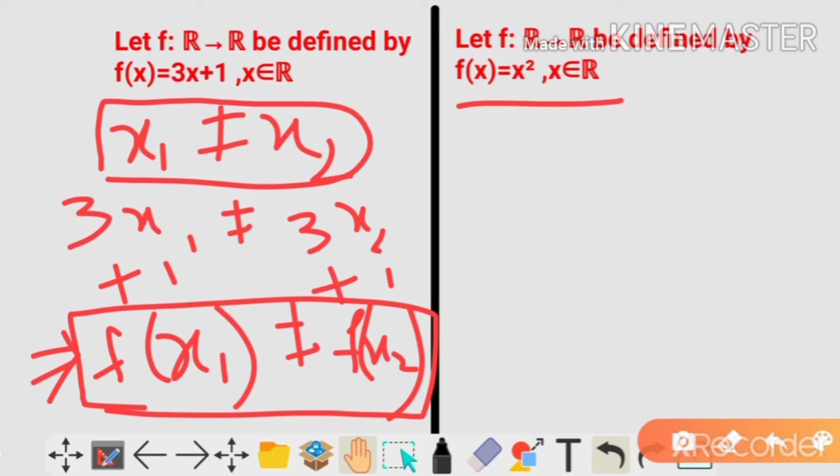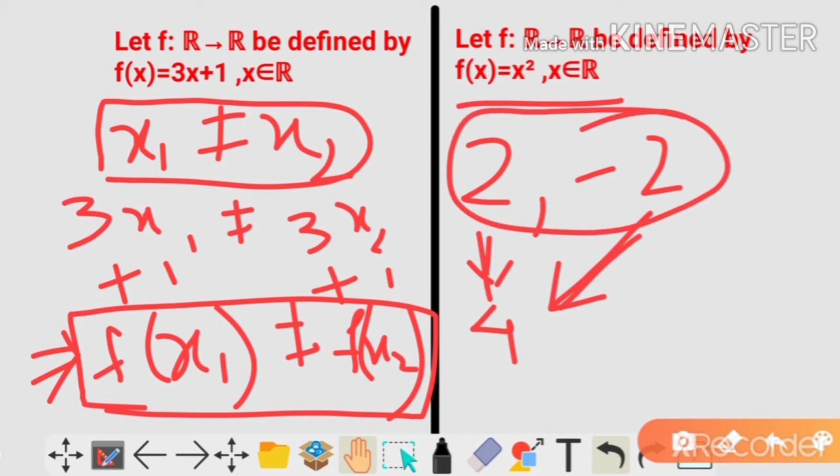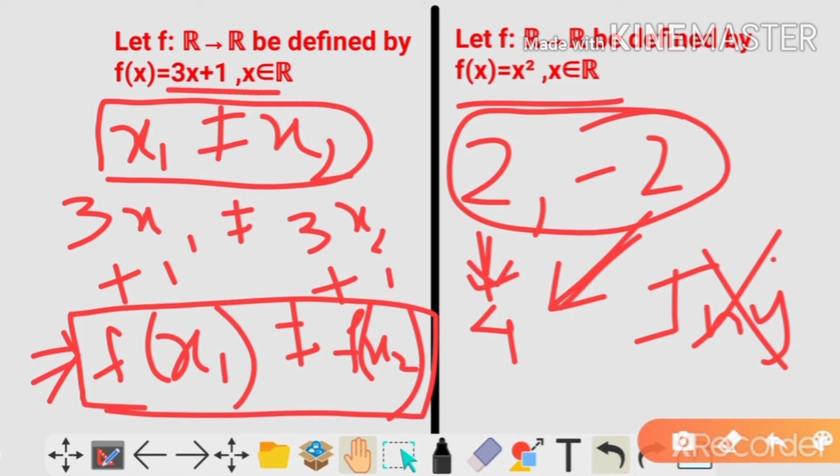Let's take 2 points, 2 and minus 2, and the square of both of them is 4. So we have taken 2 different points from the domain set whose image is equal. So it is not injective, but the first function is injective. I hope it's clear.